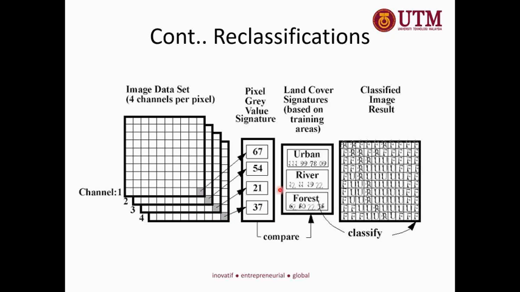And then we compare with the actual data we get when we go to the field, and then we classify all this data back into one main classification. So over here we will have 1, 2, 3 classifications only.